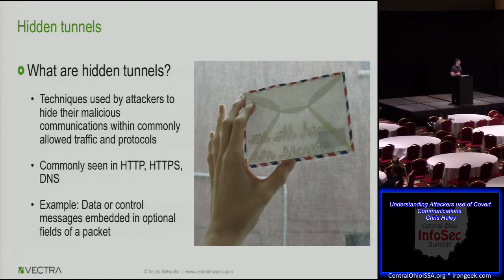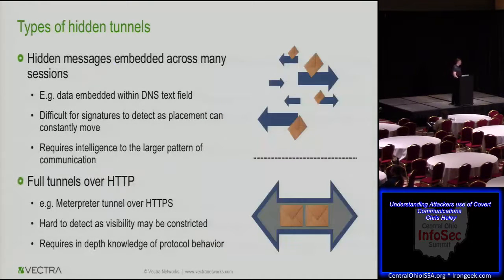They're business legitimate, for lack of better terms, and it's very difficult to take a legitimate protocol and constantly inspect it, especially if you have hidden messages in optional fields, or fragmented packets that have messages strewn throughout different packets within that flow over a long period of time. So once again, creating a signature or pattern matching becomes very difficult in this scenario.